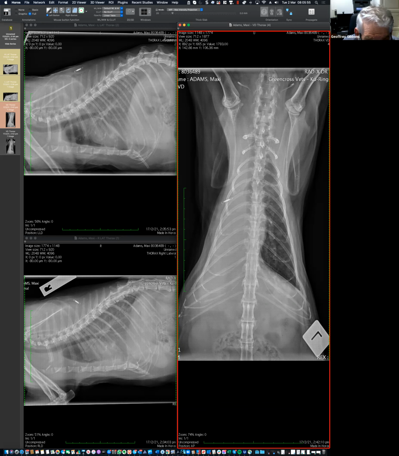The caudal lung fields on left lateral are possibly a bit less obvious than on the right lateral, but that could be imaginitis.